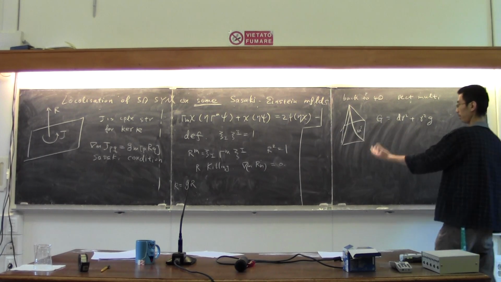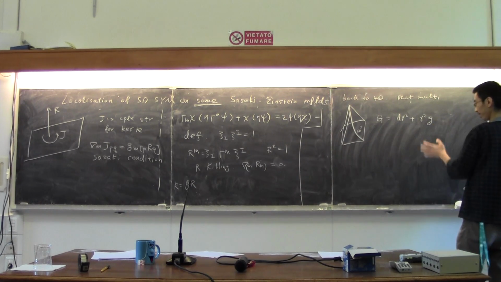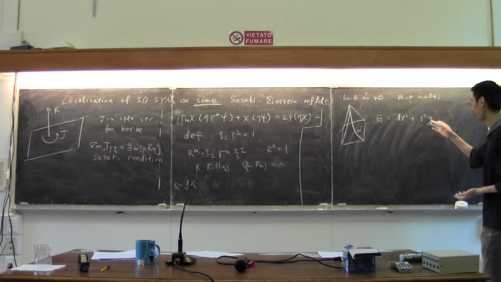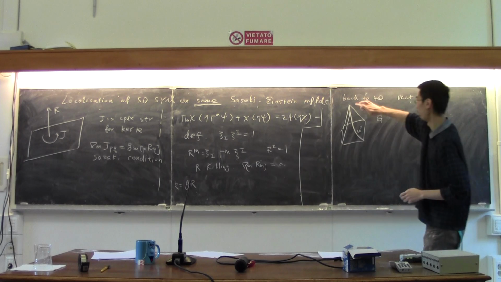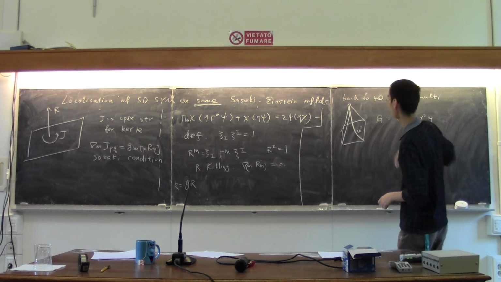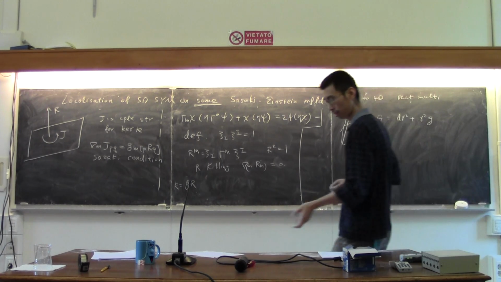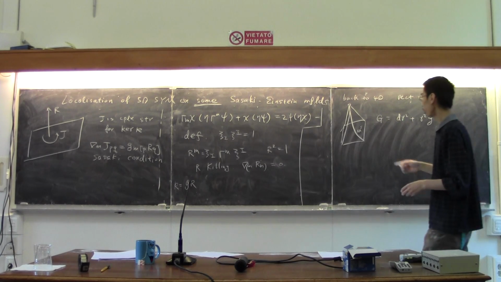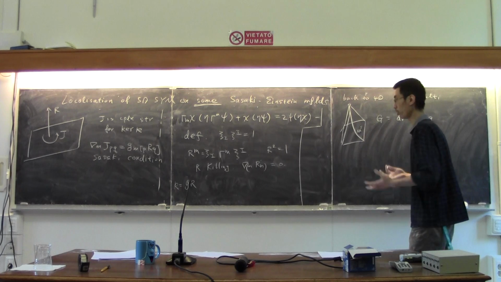It's of a cone shape because as you approach the tip, this part shrinks away, and we always remove the tip. Since we have a 5-manifold here, the cone is 6-dimensional.